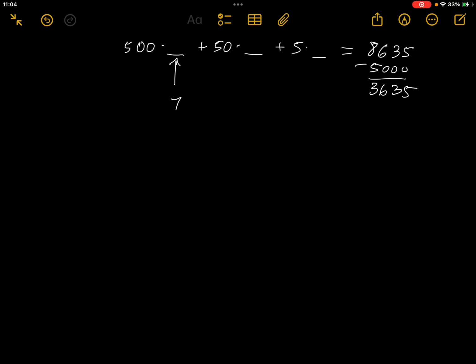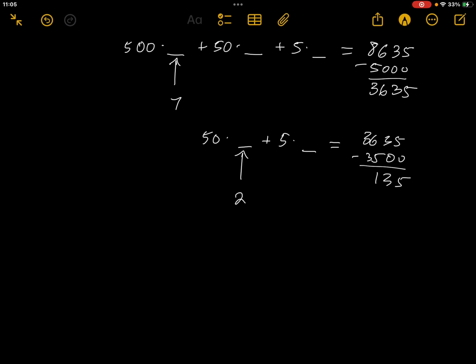Again, I'm going to subtract the first number on both sides. 500 times 7 is 3,500. If I subtract that on both sides, I get 50 times blank plus 5 times blank equals 3,635 minus 3,500. That's 135. Okay. So what goes into that blank?